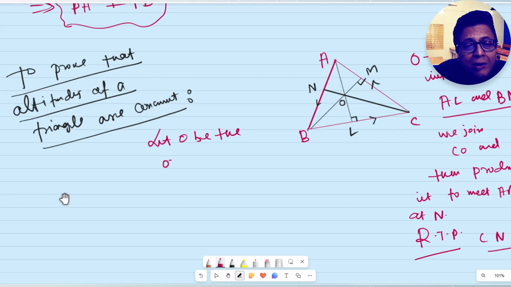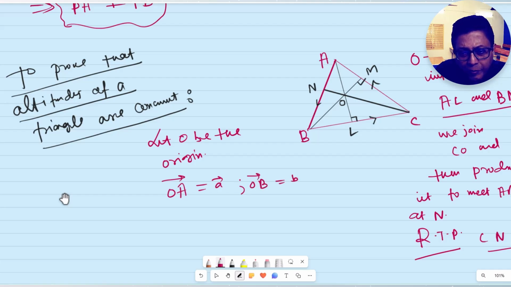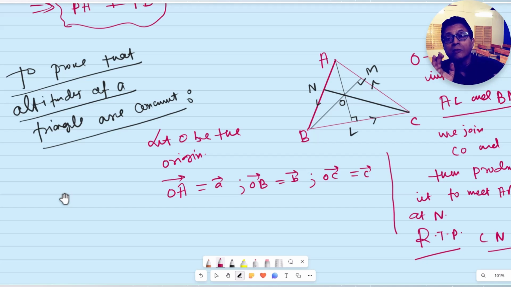Let O be the origin, and you take OA equal to A, OB equal to B. To prove this, we are assuming this. You cannot say that we are taking something which coincides with the proof only. No. We have taken O as the origin, then taken OA as A, OB as B, and OC as C.